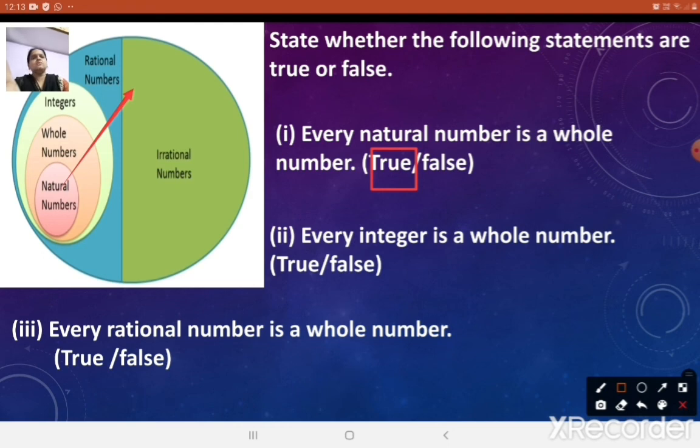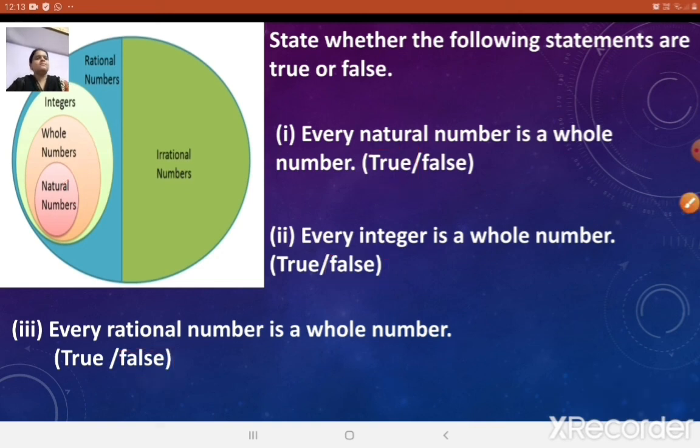No, integer is a bigger group. So the statement is false. And every rational number is a whole number. Is it possible? No. So it is false. So this type of question can be asked as a diagram based question. This is one of the examples.